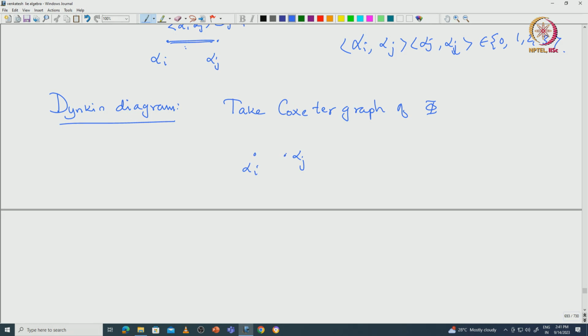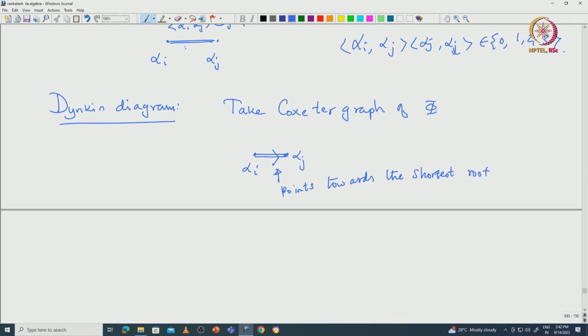Let us say there is an edge between them; if there is no edge, then we can't say. If there are some edges, then you put an arrow from alpha i to alpha j if alpha j is the short root. This arrow always points towards the shorter root among alpha i and alpha j.